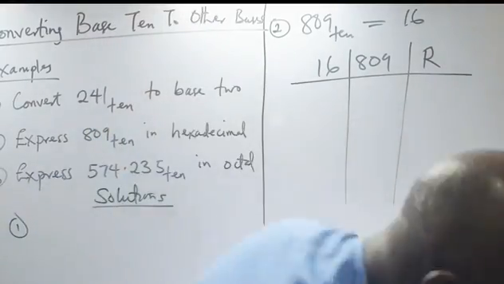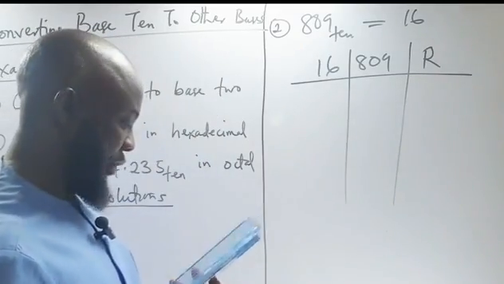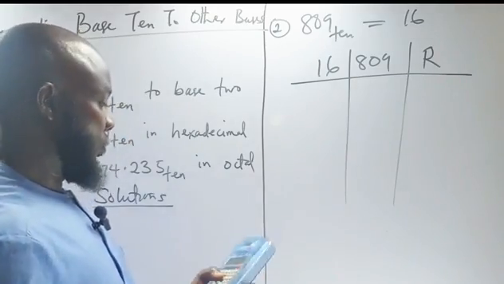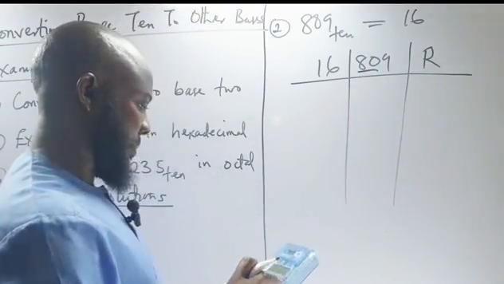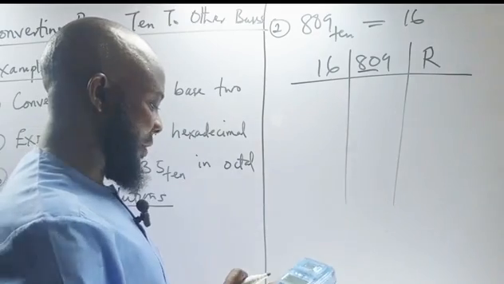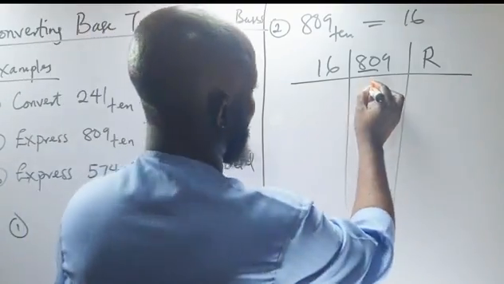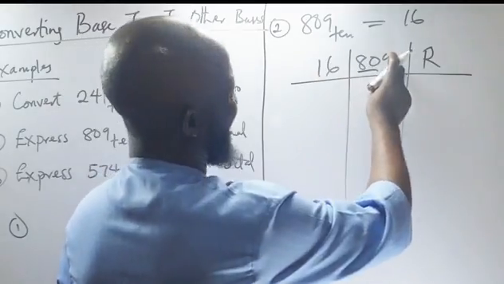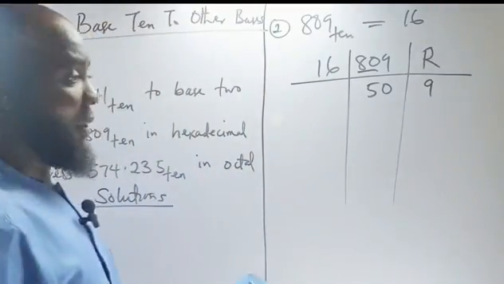We make use of a calculator here, because it involves a large number. We consider the first two digits, 80 divided by 16. That gives 5 straight. Then 16 in 9 is 0, remainder 9. Am I with you?